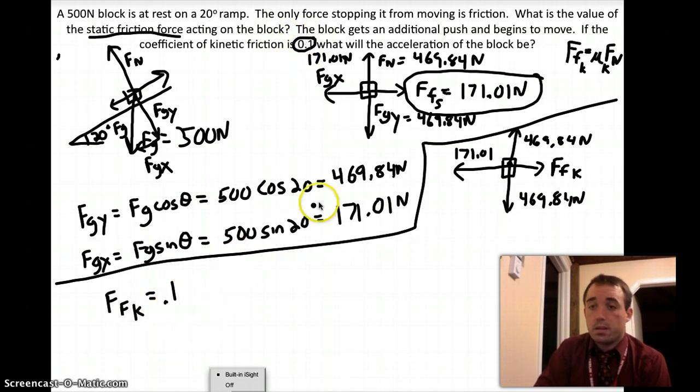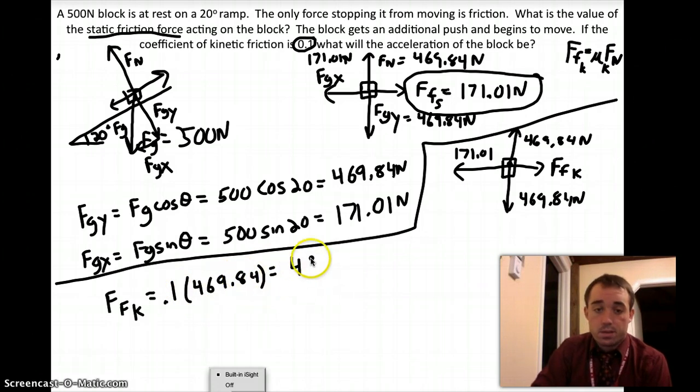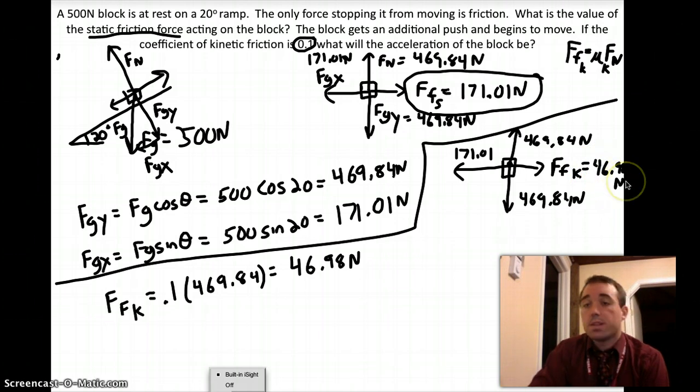So that's 0.1, which is our mu, times our normal force, which is 469.84, which gives us, I don't need a calculator for that, 46.98 newtons. So our kinetic friction force is much lower, as it always is, and it's 46.98 newtons.